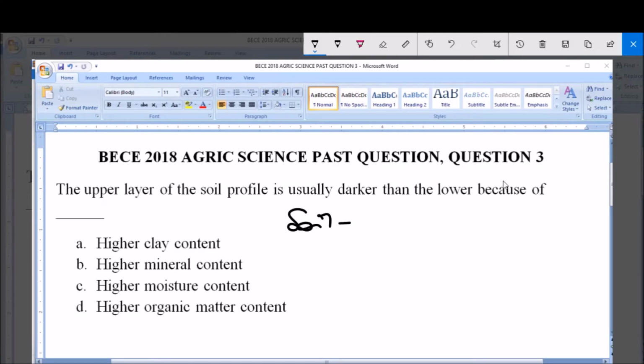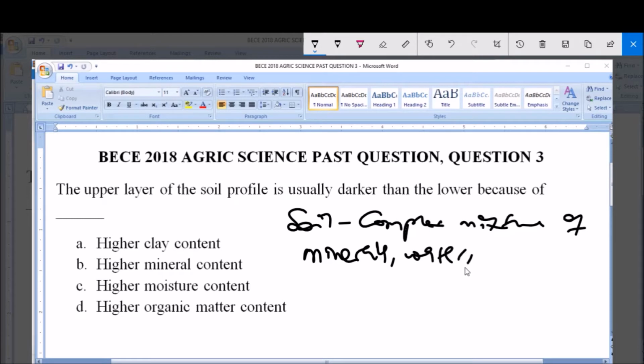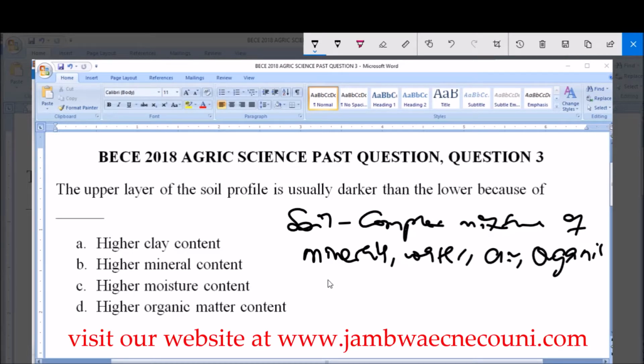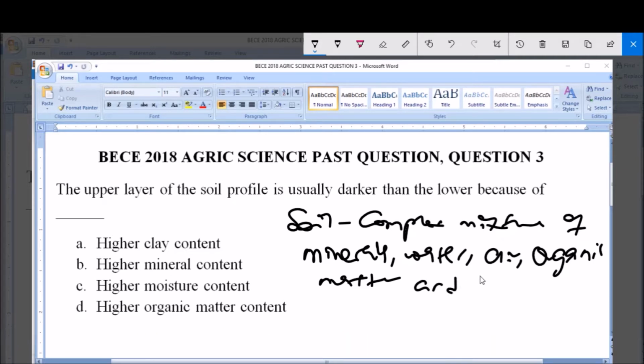Now, soil simply refers to what? A complex mixture of minerals, water, air, organic matter, and countless organisms that are the decaying remains of once living things.